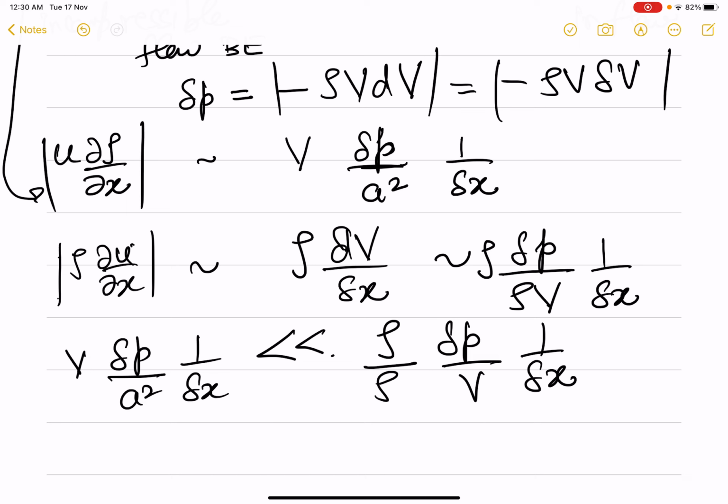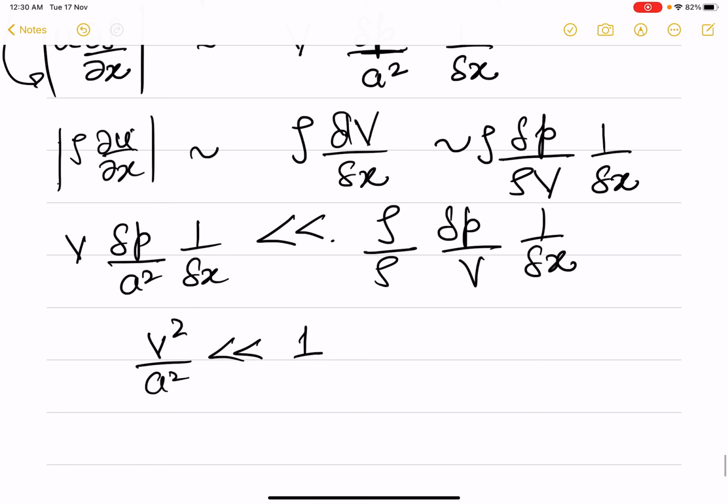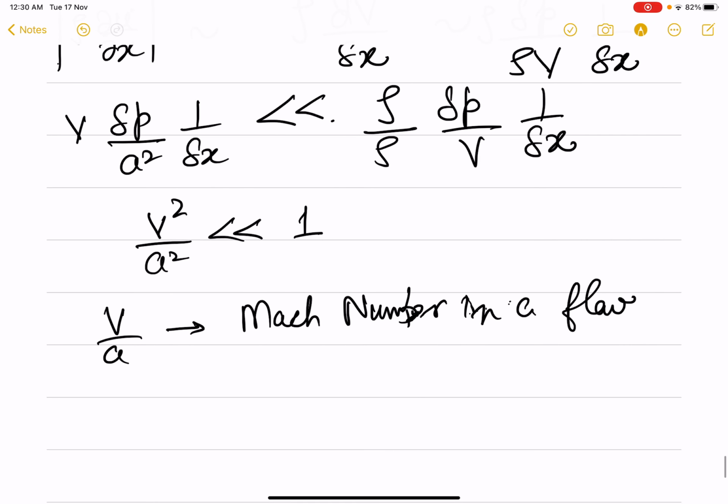And when we cut out all the common terms, what we get here is v square upon a square is much less than 1. And this V upon A, this is what we call as the Mach number in a flow. In a flow, Mach number is defined as V upon A.